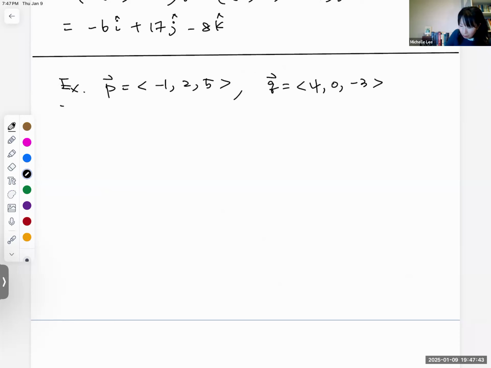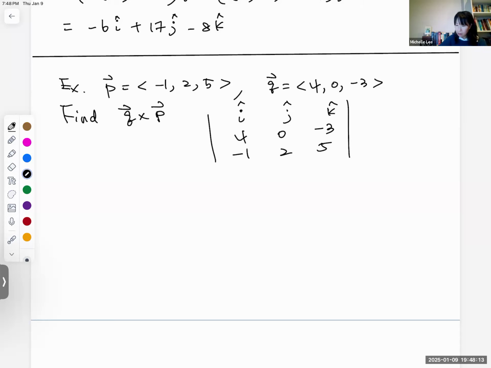All right, so find Q by P. So that will be i, j, k, negative 1. Sorry, this P, Q, right? So 4, 0, negative 3, negative 1, 2, 5, right? Yeah, I want to do Q first.